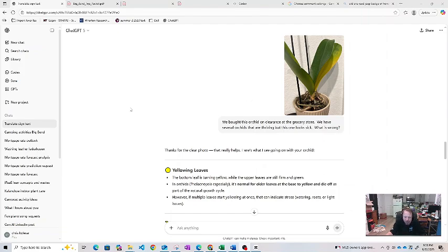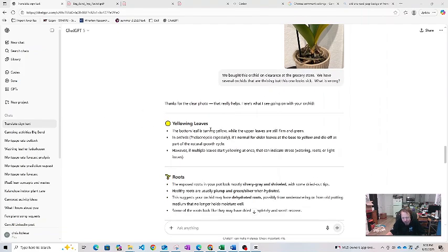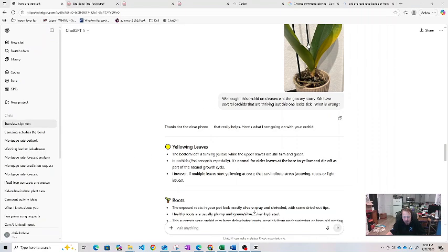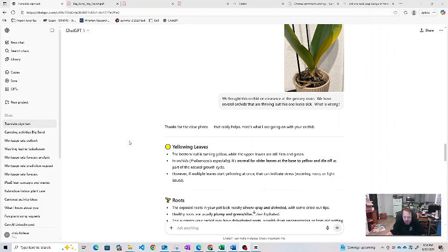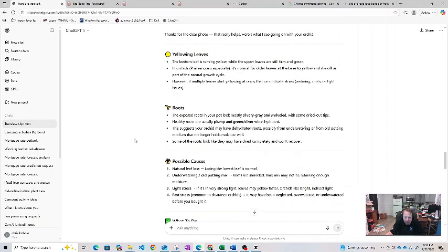What's wrong? And it goes through, it notices that the leaves are turning yellow, but the other leaves are firm and green. It is common for an orchid to shed leaves, but I know that, it just looks unhealthy here. It talks about the roots. Some of them are dried out.